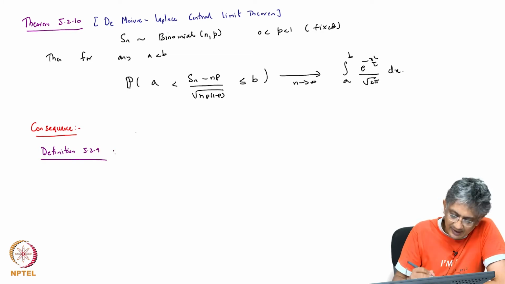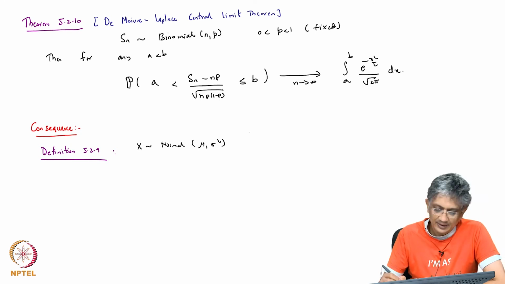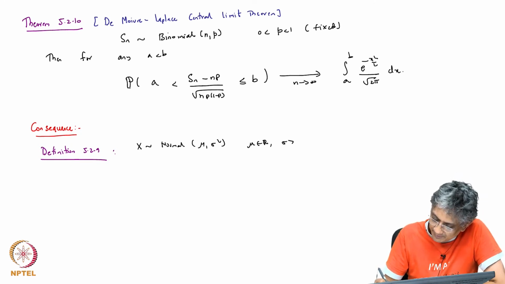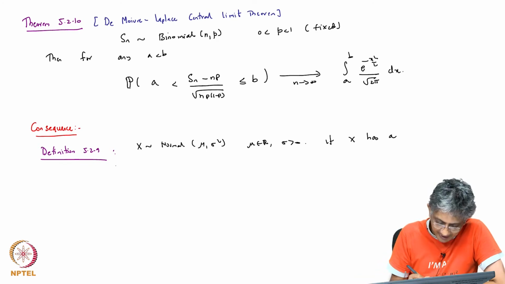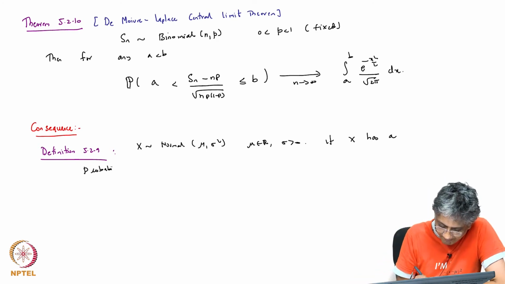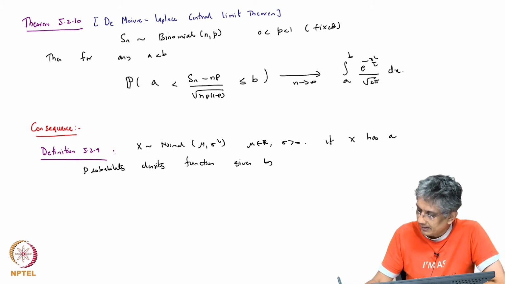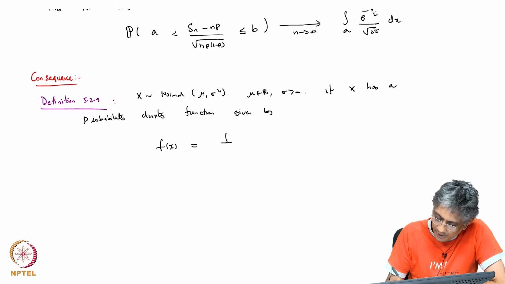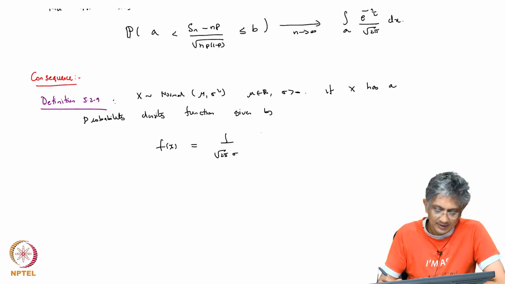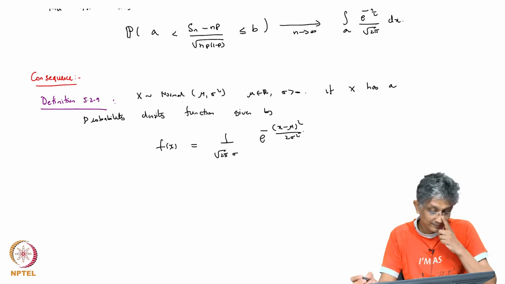Here I say that X is said to be normal with parameters mu and sigma squared, where mu is in R and sigma is a positive number, if X has a PDF, a probability density function, given by f of x equal to 1 over square root 2 pi sigma e to the minus of x minus mu the whole squared by 2 sigma squared for all x in R.